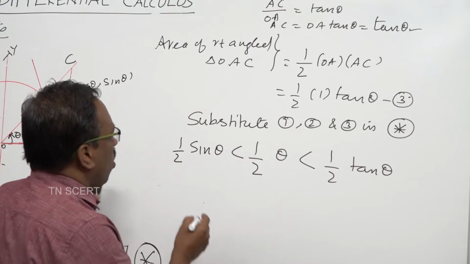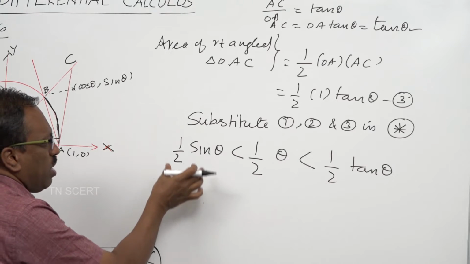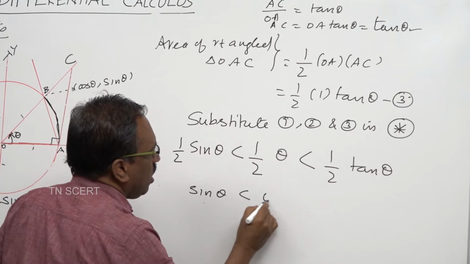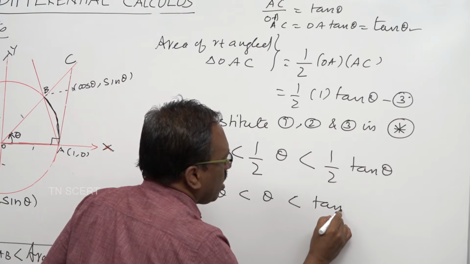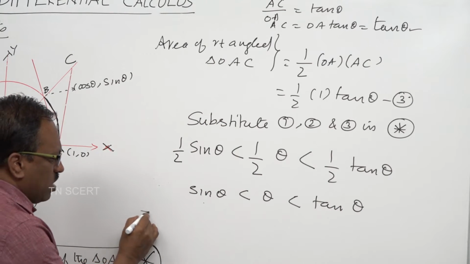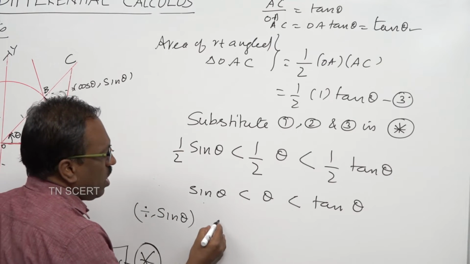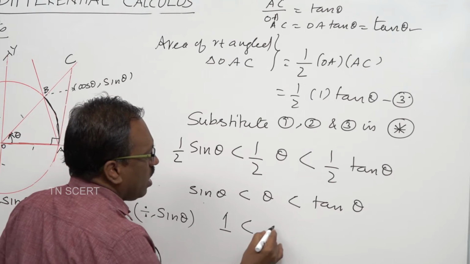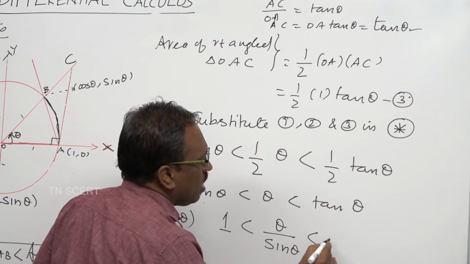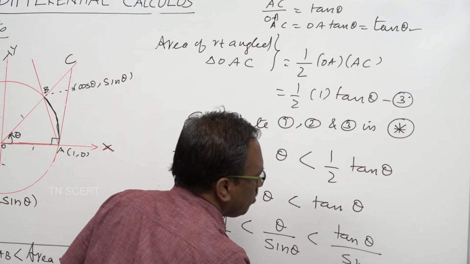Remember that, the half is also getting cancelled, first part, and that means here what else will I get now. Let me take the first part, sin theta less than tan theta. After that, everywhere I am going to cancel by sin theta. That means what else am I getting here? First part here it is 1, and less than theta by sin theta, and less than tan theta by sin theta.